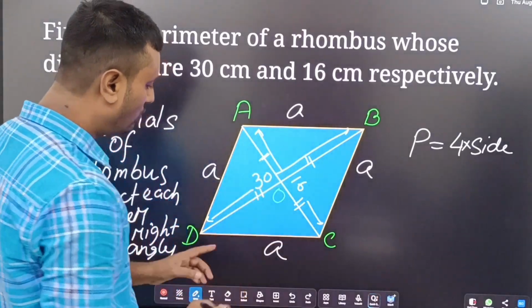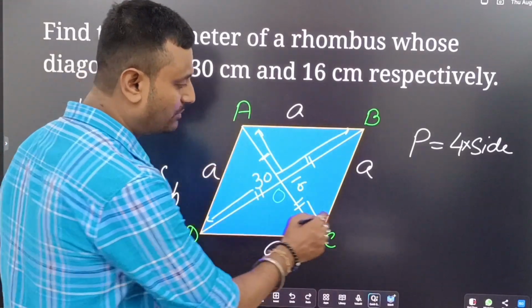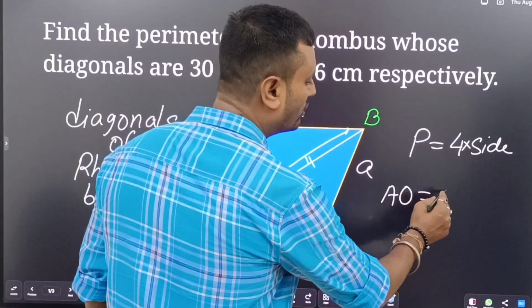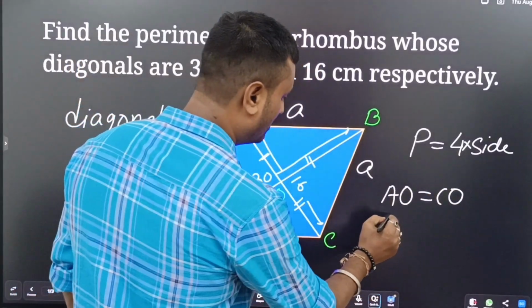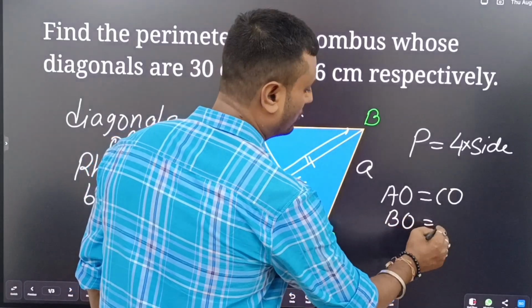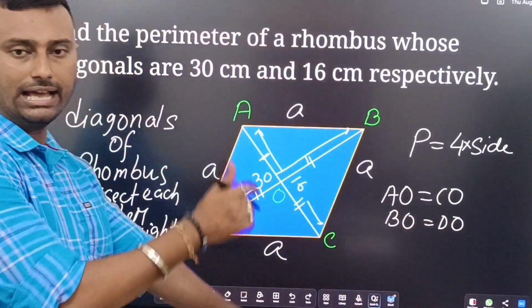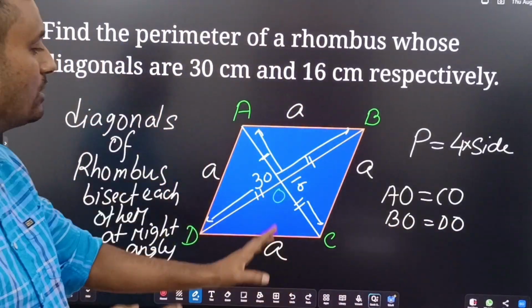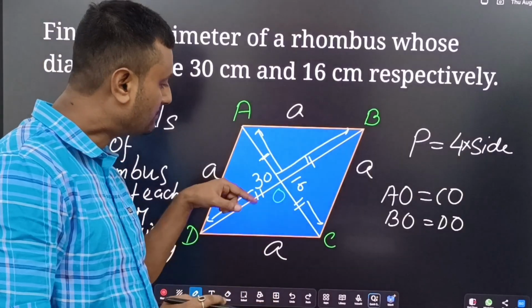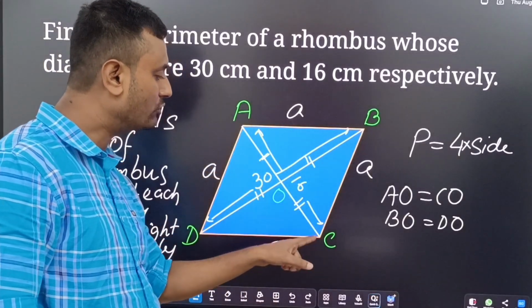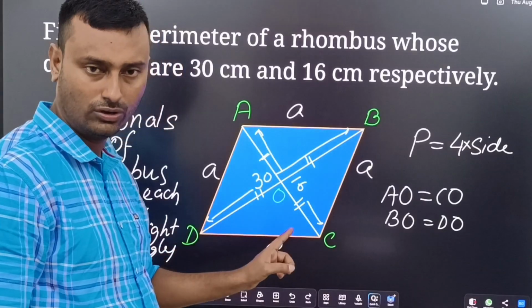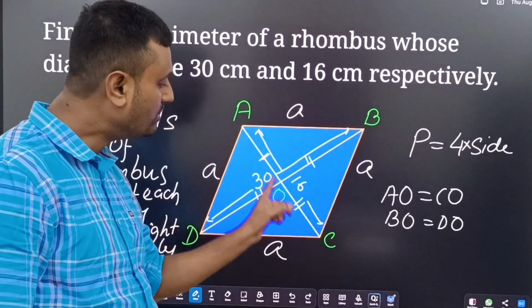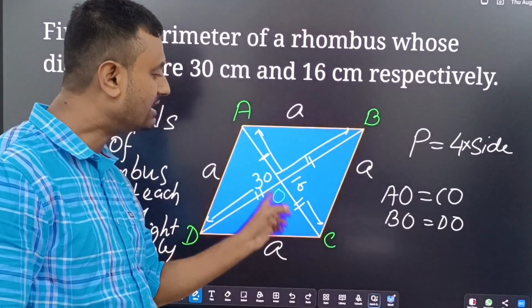Suppose this point is considered O, AO equal to CO, first thing, clear, and BO equal to DO, second thing. Both the diagonals bisect, means equally divide. So the value of AO equals the value of CO, the value of BO equals the value of DO, clear.